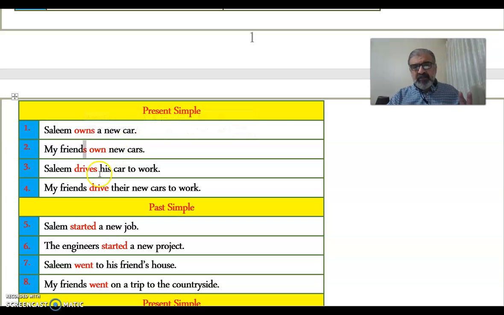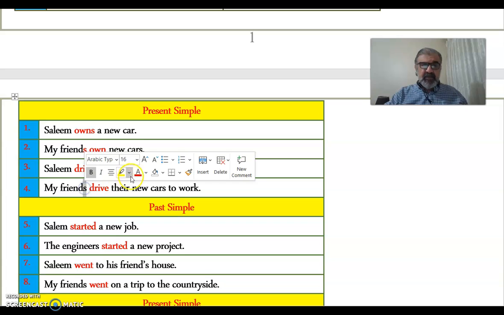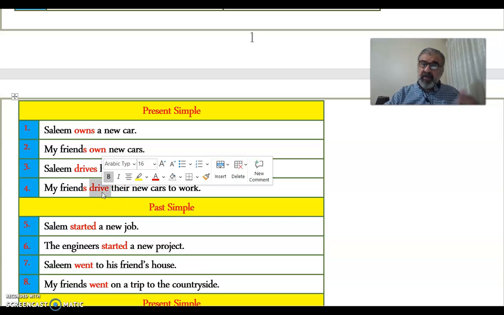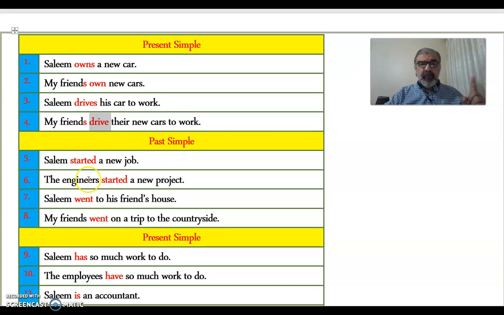So we can't have two S's, by the way. Just think of it this way: you can't have two S's, you can have only one. So now, own. Salim drives, while my friends drive. So you can't have two S's, only one.